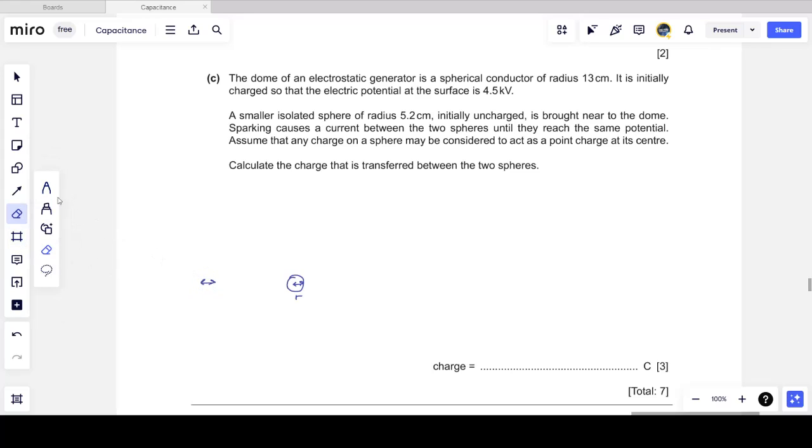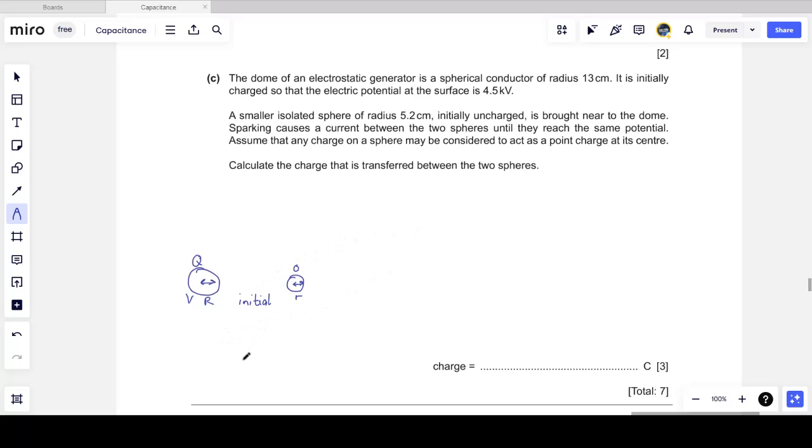I'm just going to label the radii of each of these spheres. The big sphere initially has a charge Q and a potential V. This is the initial scenario. The small sphere is initially uncharged, so zero potential, zero charge.